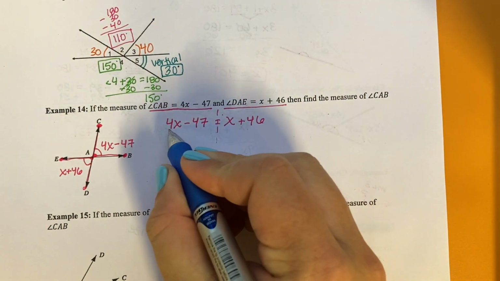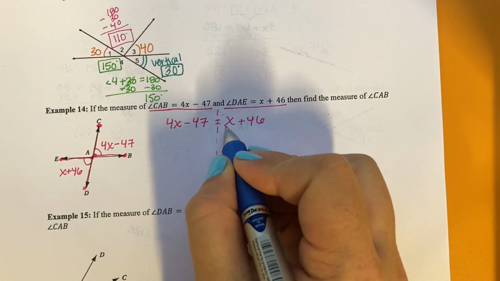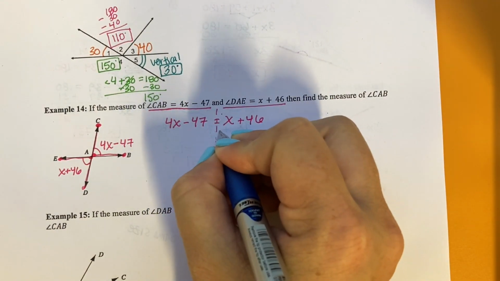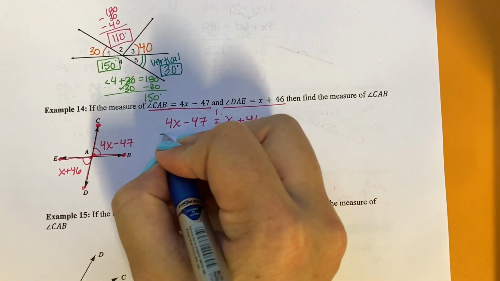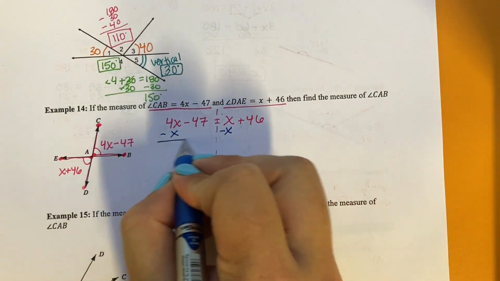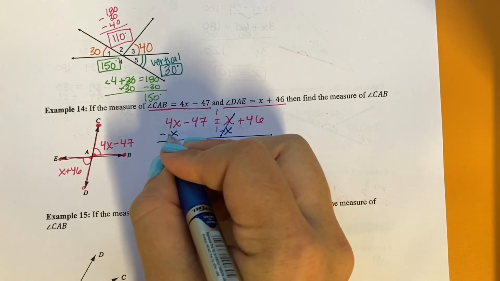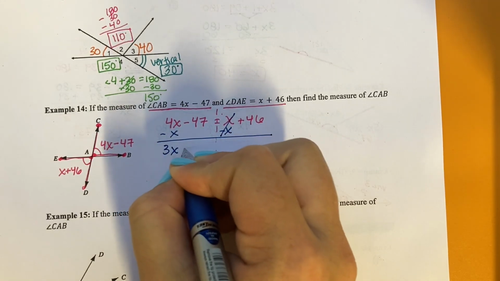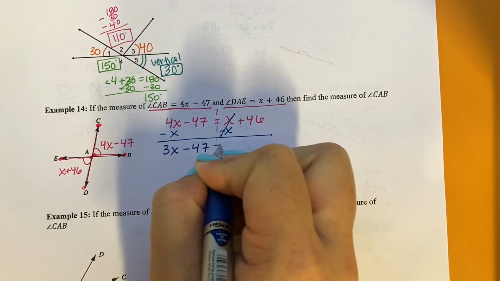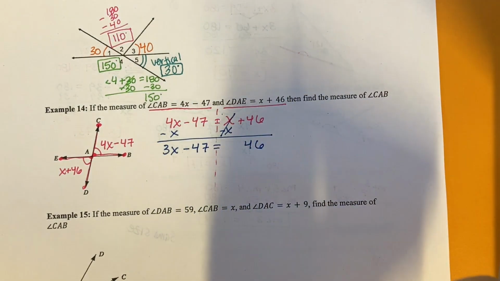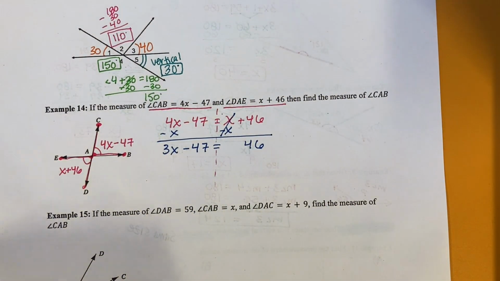So if I want these x's together, I cannot just say that there are 5 x's. I need to move it across. So I'm going to subtract x from this side, so it is now on the left. 4 minus 1x makes 3x. And there's a positive 46 that's by itself now.